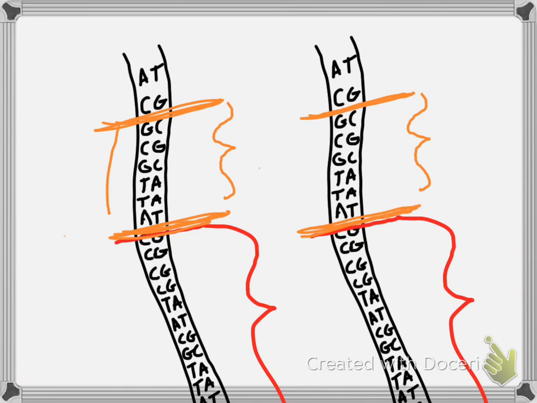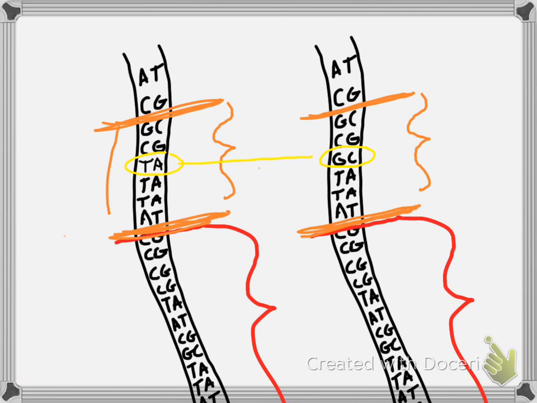these two letters can be different. So these two genes are the same, except at this one spot, you either get a TA or you get a GC. It's the same gene.